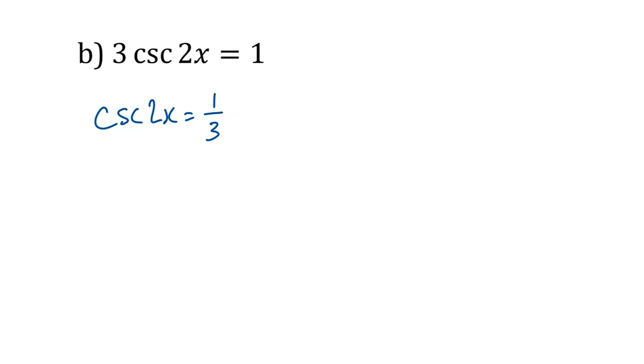You flip it and get sine 2x equals 3. I think this is almost identical to the one we did yesterday, except obviously with the 2x. And so what happens? No solution. So having a double angle doesn't impact the amplitude. So that part stays the same.